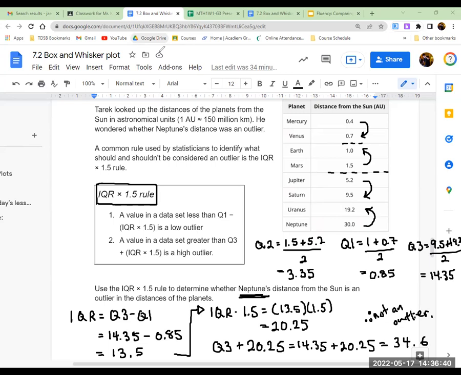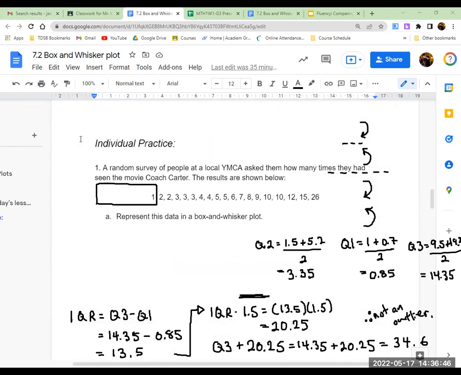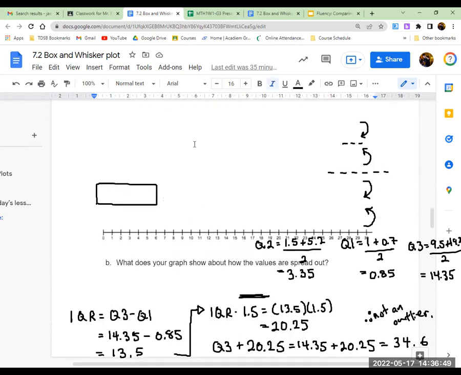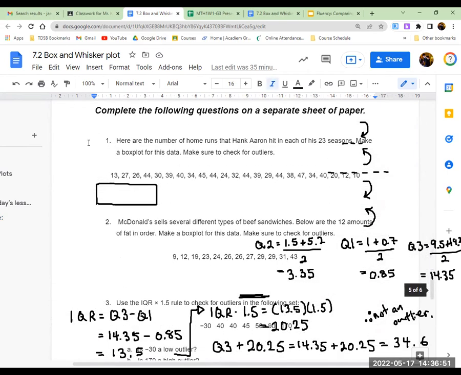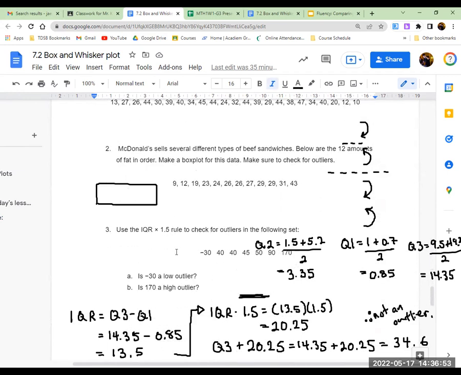So that it's not a big mystery of how to go from one point to another. My task for you right now: try this individual practice as well as the homework questions number 1, 2, 3, which essentially gets you to practice what we've done so far with the 5 key points.